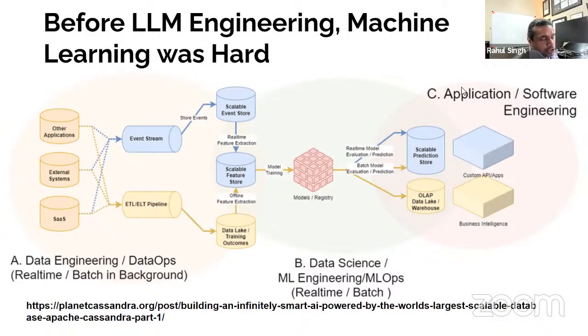And then your application developers can talk to the model, get a prediction or an evaluation in real time or in batch, and store it somewhere, and then look at it. So to do machine learning traditionally, you have to have people that knew data engineering, data ops, machine learning ops, machine learning engineering, and then of course application and software engineering.